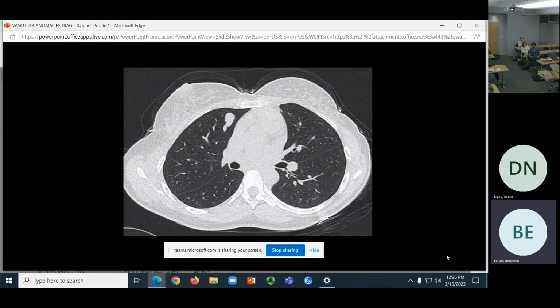What is the other very problematic issue with pulmonary AVMs? Think about blood shunting. So stroke is a problem.